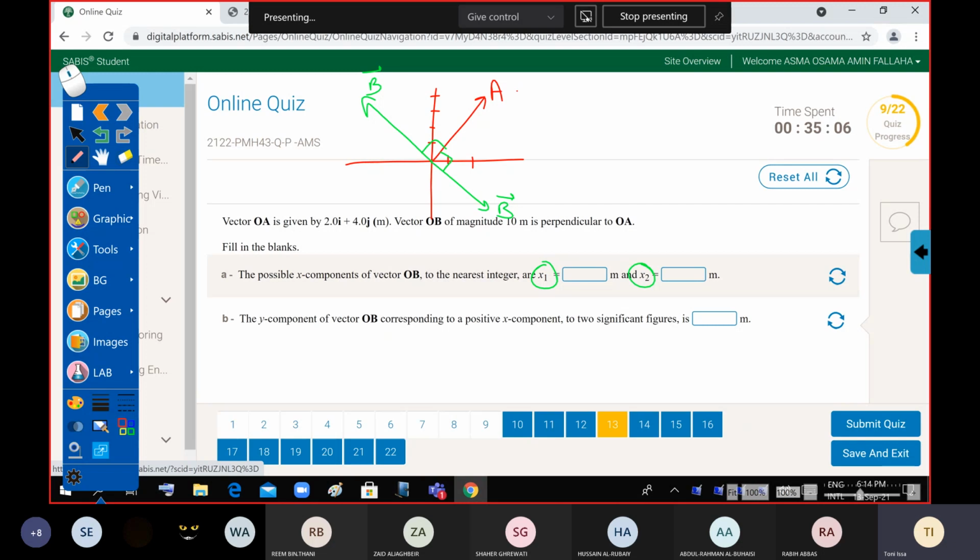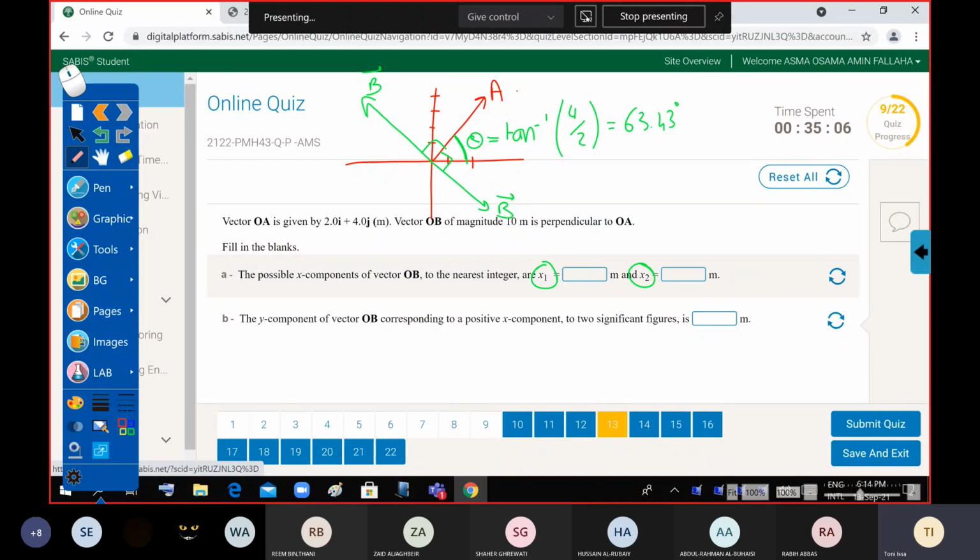So the first thing you need to do is to find the angle of elevation that A makes, this theta here. How can I find it? It's by tangent minus 1 of opposite, which is 4 over 2. And then this angle is going to be 63.43 degrees.